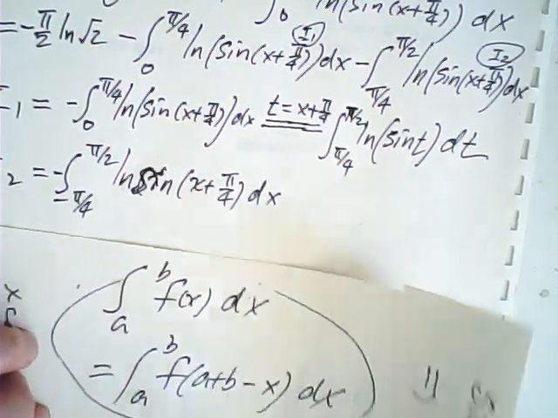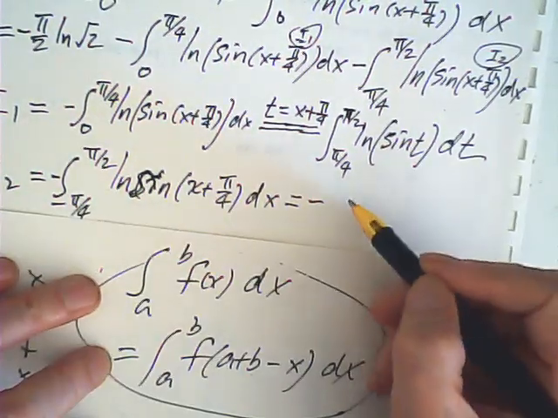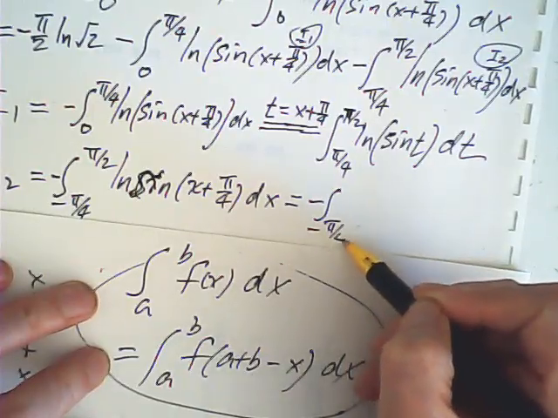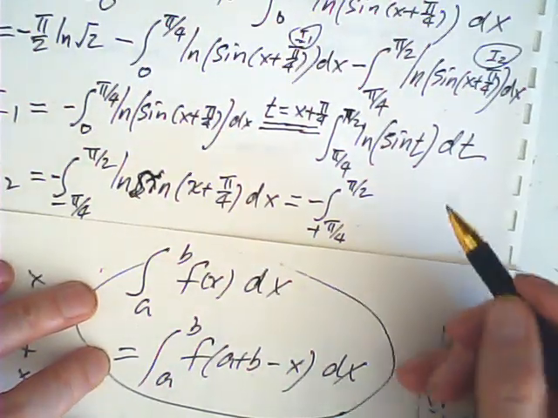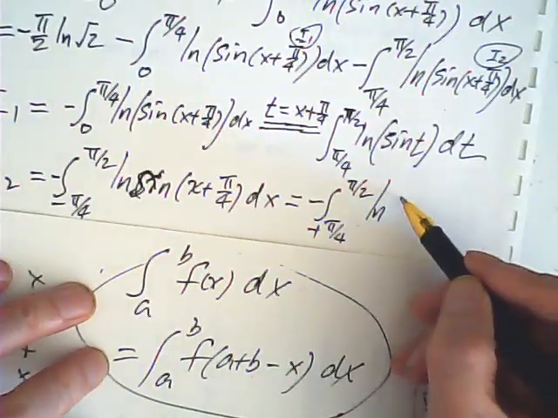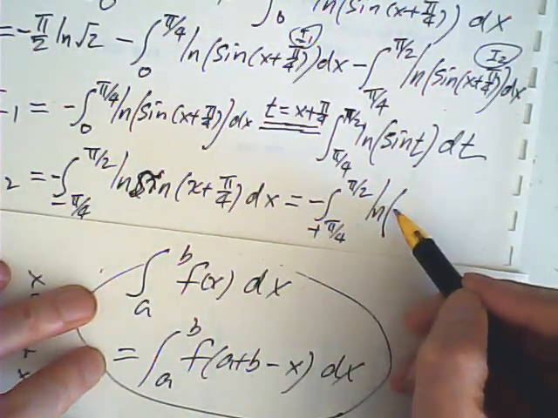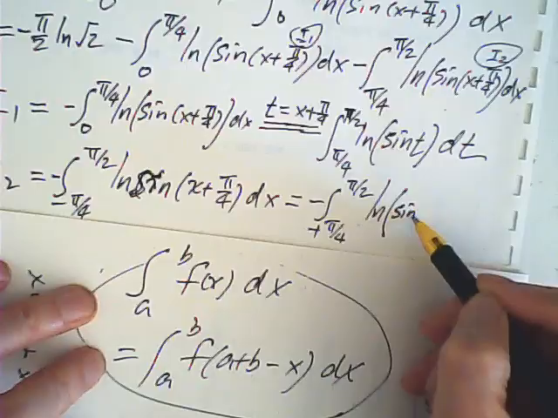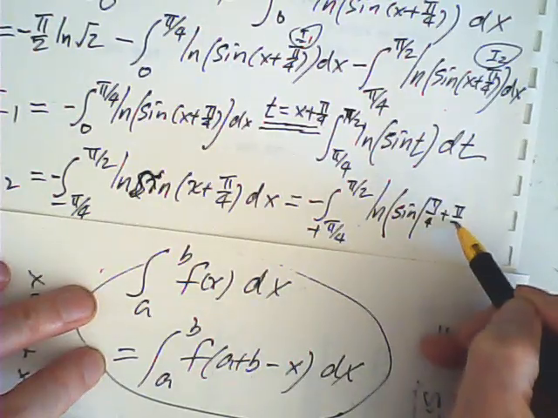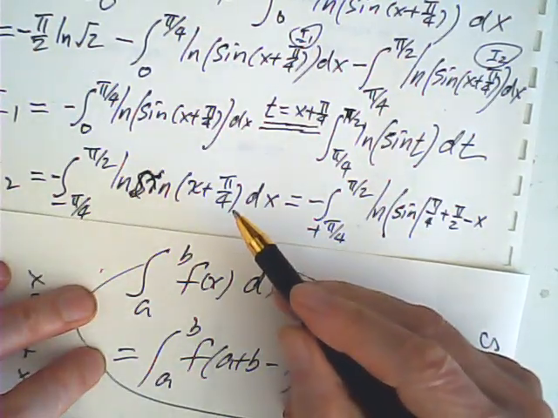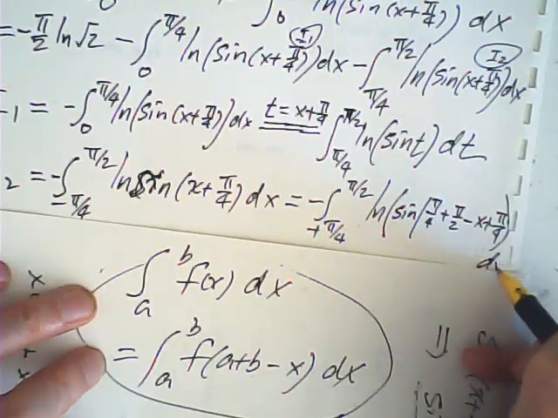So this one is equal to negative, there is a negative here, from quarter pi to half pi, natural log sine of quarter pi plus half pi minus x plus quarter pi dx.